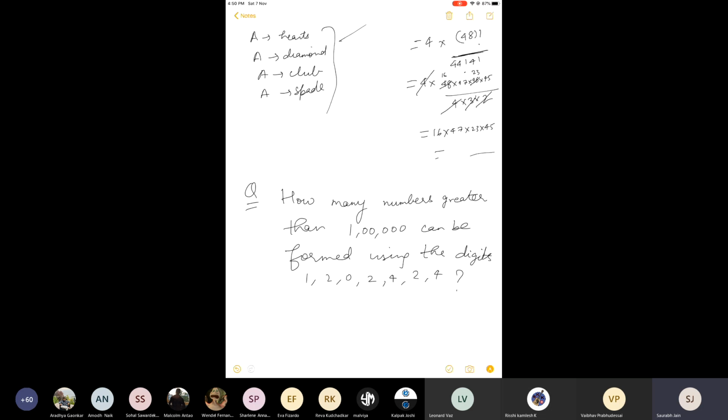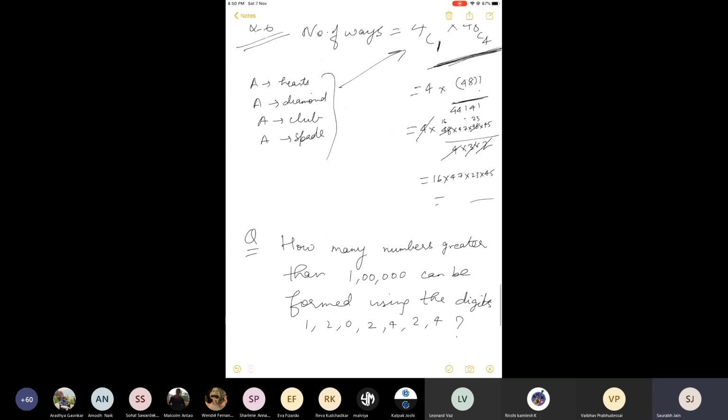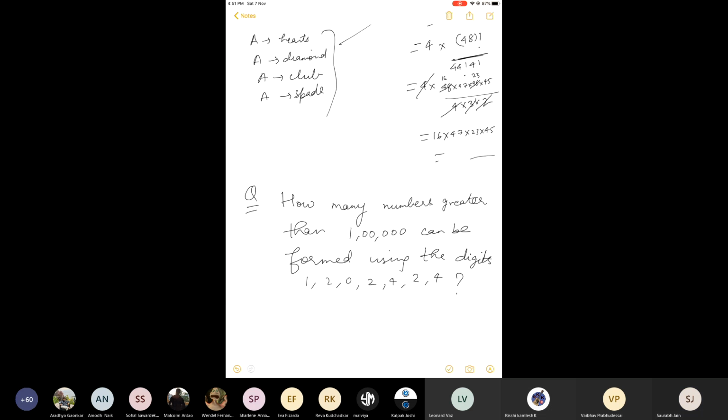This is the question. Let me check the number once again. Yeah, actually the number is not 6 digit, it is a 7 digit number. You add 0 also. Now this is the number, so 10 lakh.